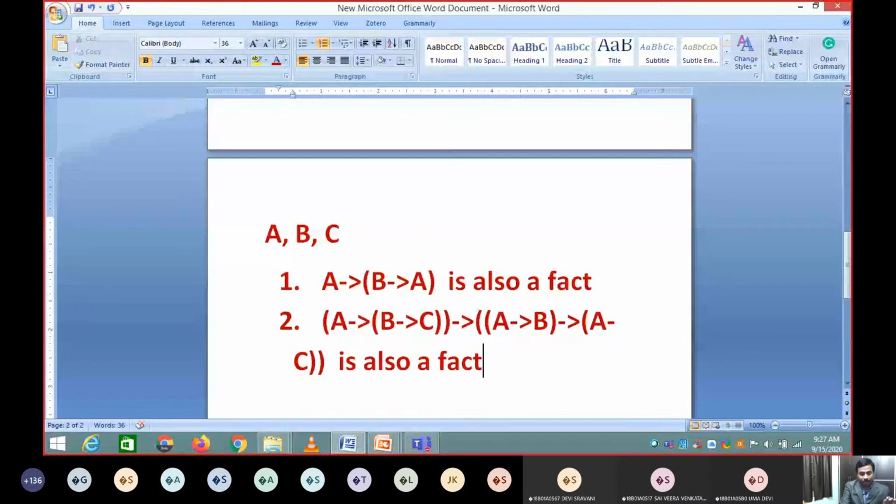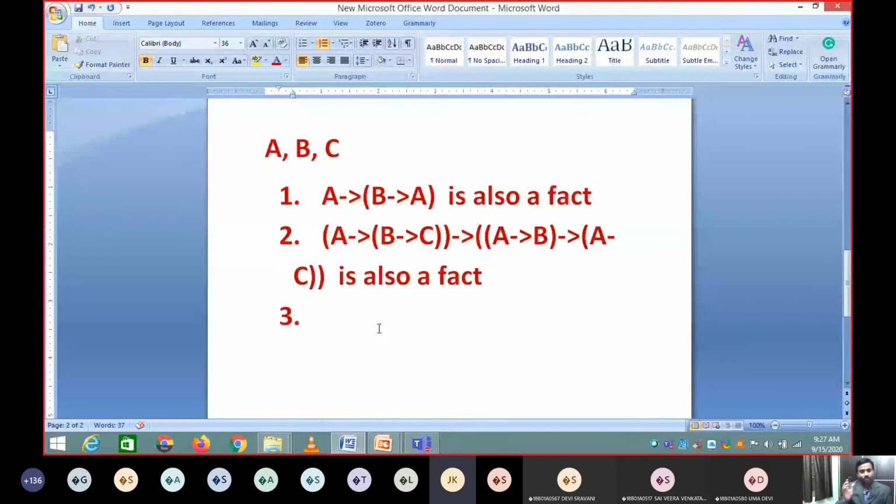What I am trying to tell you is that the rules in this axiomatic system are very important. Whenever people ask you, you have to write these rules. And whenever you are attending the class, try to unmute yourself.